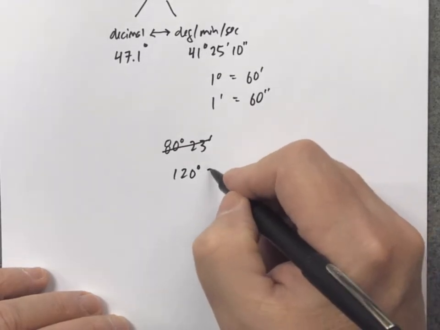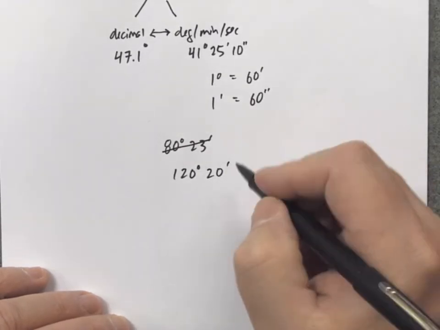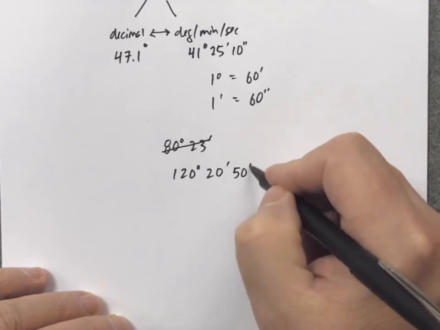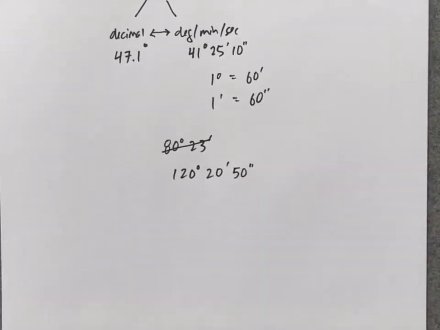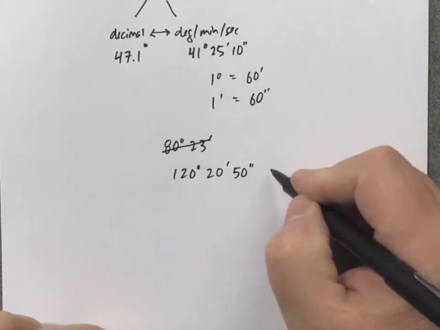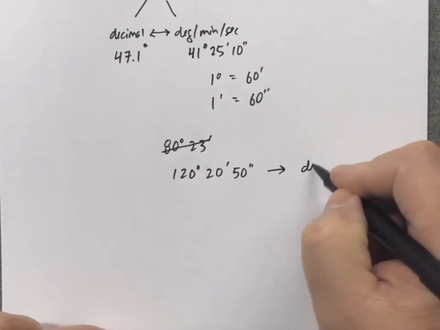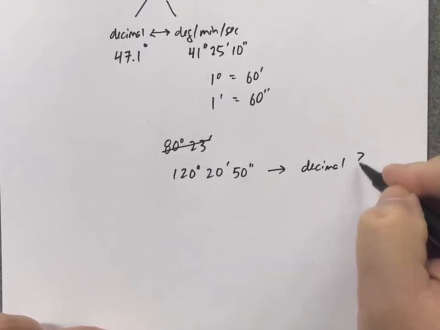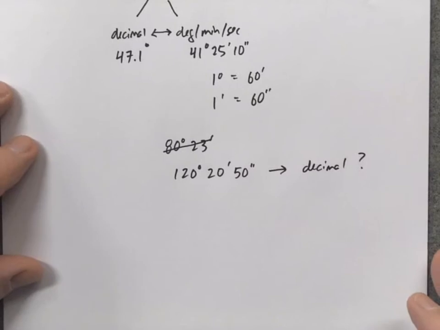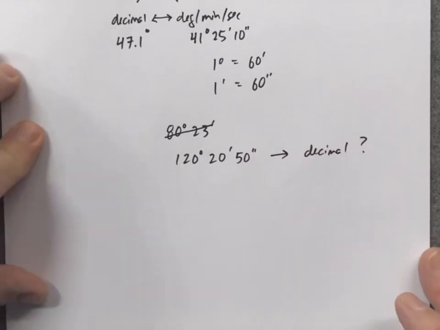So actually I'm going to do an angle that's 120 degrees, 20 minutes, and 50 seconds. I want to rewrite this angle as a decimal in degrees.